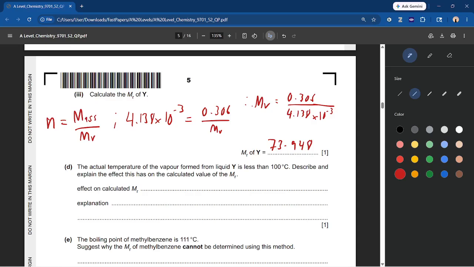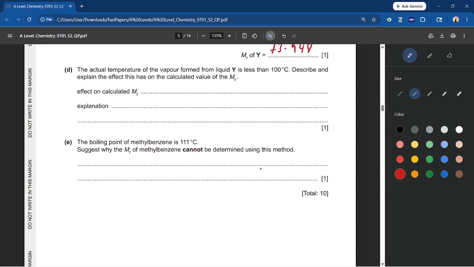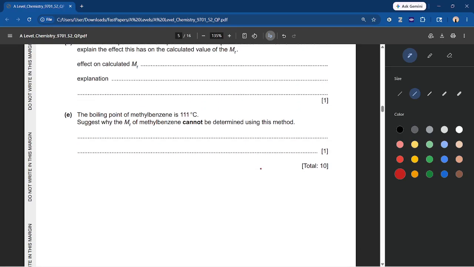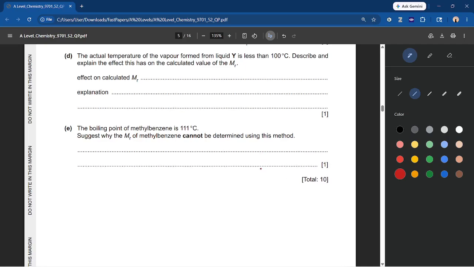The actual temperature of the vapor formed from liquid Y is less than 100 degrees Celsius. Describe and explain the effect this has on the calculated value of the MR. So let's take a look at what's going on. They say that the temperature is less than 100 degrees Celsius. So PV is equal to nRT.